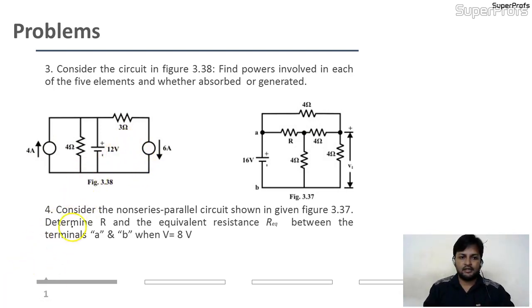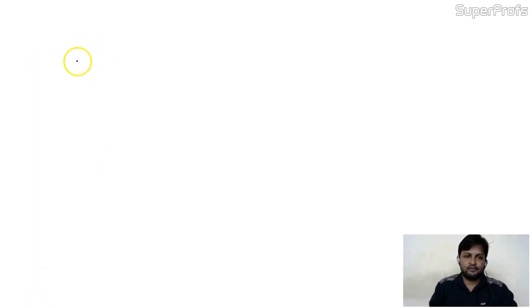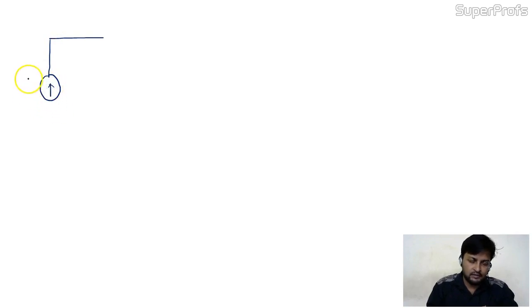Again, I'm taking this circuit on a fresh page. See here, this is nothing but 4 ampere, connected in parallel with a 4 ohm resistance.